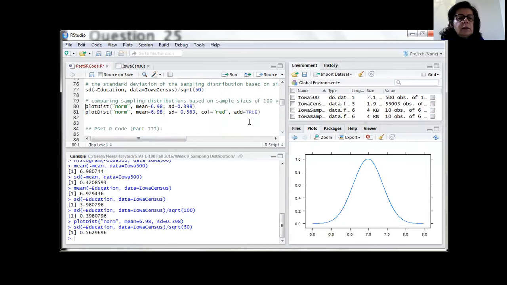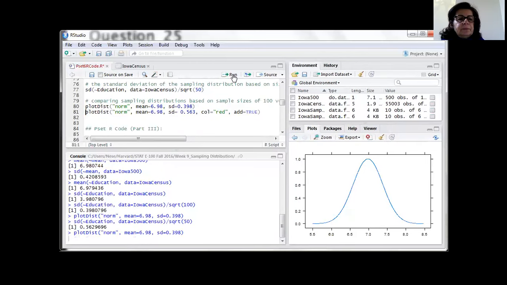The second one, which is going to be in red, is going to be the model of the sampling distribution based on the sample size of 50. Let's compare.